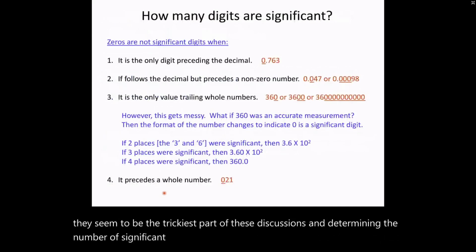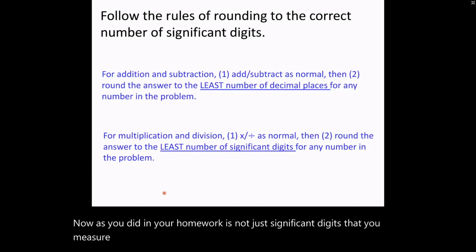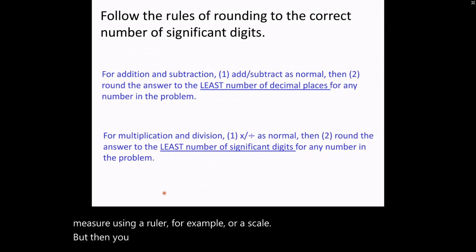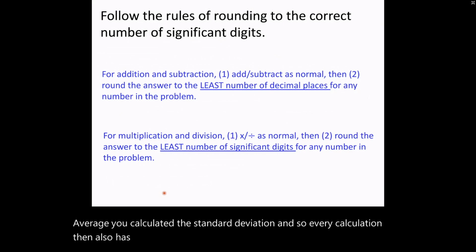Now, as you did in your homework, it's not just significant digits that you measure using a ruler or a scale, but then you do things with those numbers. You calculated the average. You calculated the standard deviation. And so every calculation also has to reflect an appropriate number of significant digits.